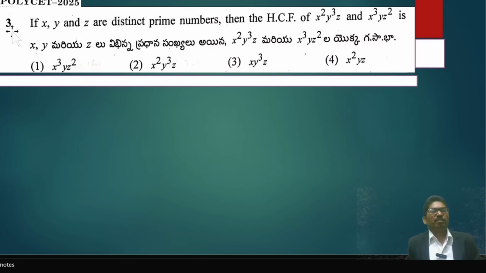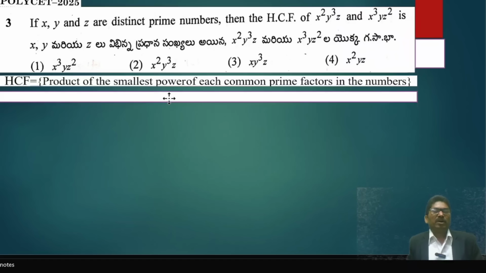Next, question 3. If x, y and z are distinct prime numbers, then the HCF of x square y cube z and x cube y z square is. How to find the HCF of numbers with powers?